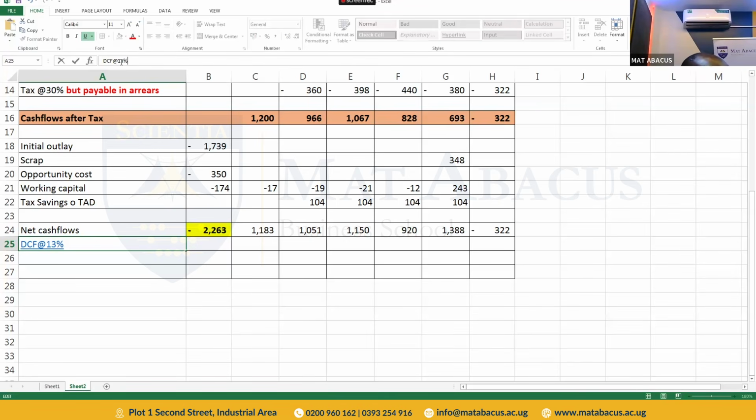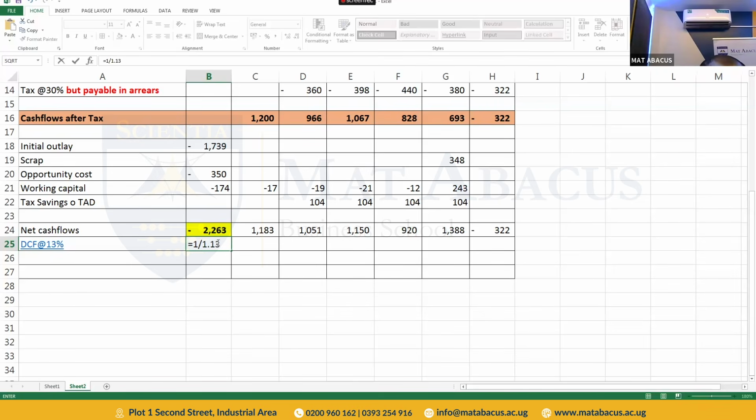And when I discount those cash flows, I will get the discounting factor, which you read from your table.